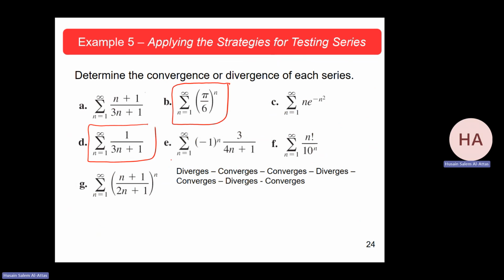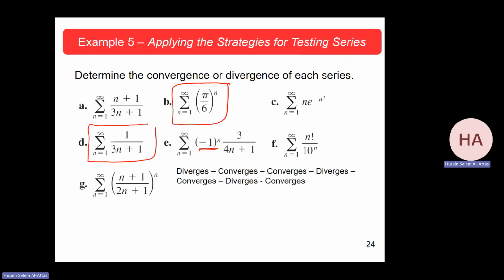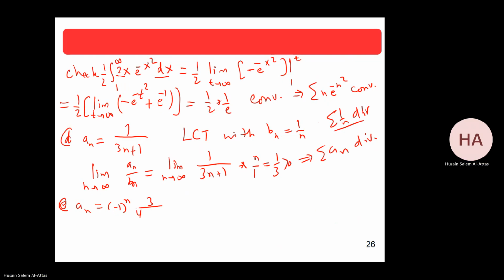Next one, if you see minus 1 to the power n, one of the things that should come to your mind is that it is an alternating series, a_n equals 3 over (4n plus 1). Think about the alternating series test.